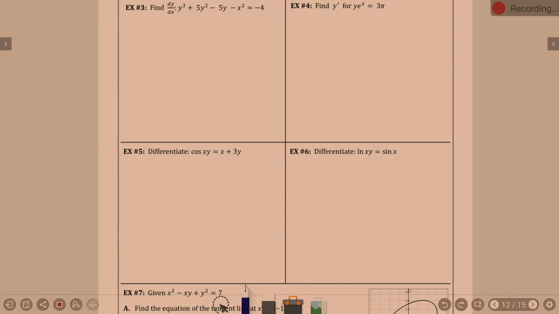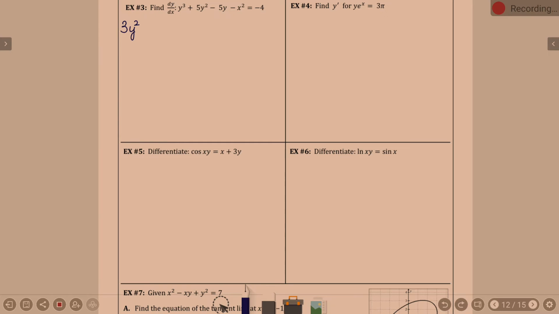Example 3. Well, example 3, we're still staying normal-ish. Derivative of y cubed, 3y squared. So the derivative of something to the third is 3y squared. Then it's doing the derivative of y, which is dy dx.